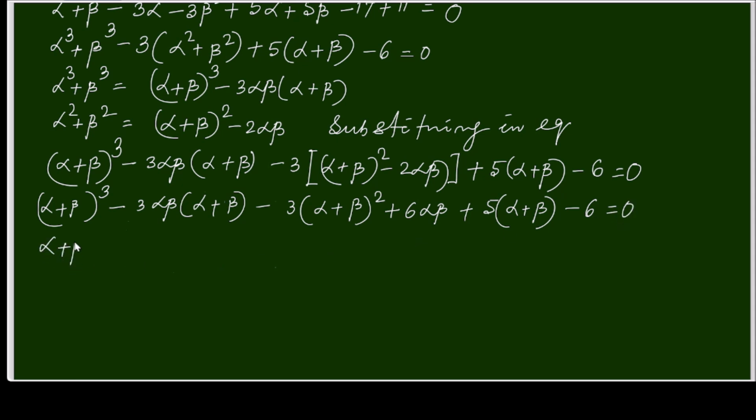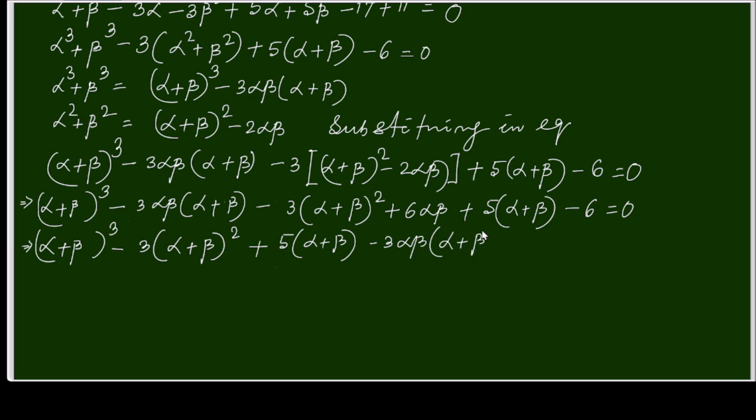Now putting them together: alpha plus beta whole cube minus 3 alpha plus beta whole square plus 5 alpha plus beta minus 3 alpha beta into alpha plus beta minus 6 plus 6 alpha beta equals 0.